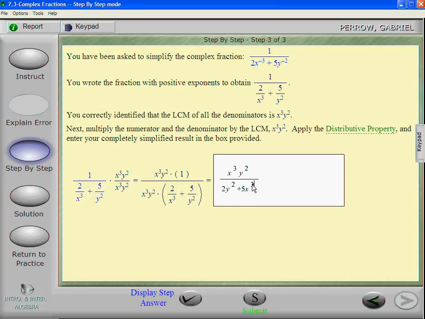I can't pull anything out of the bottom here. On the top, these are factors, because there's no plus or minus between the pieces. The factors are truly x, x, x, y, y. But down below, I've only got one factor, because this plus sign screws it all up. I can't cancel anything based on this plus sign being here, unless there were other identical pieces that were multiplied with all of this.